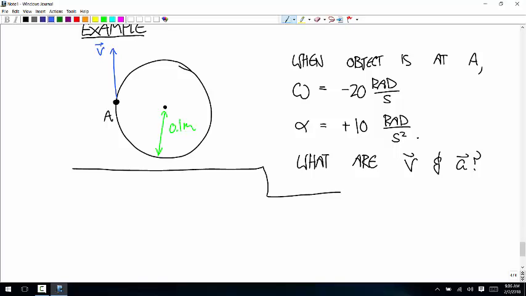Slowing down because omega and alpha have opposite signs. So which direction is the tangential part of the acceleration? Yep, so the tangential acceleration is like that. The centripetal, there's never any question about that. That's always just pointing straight towards the center.